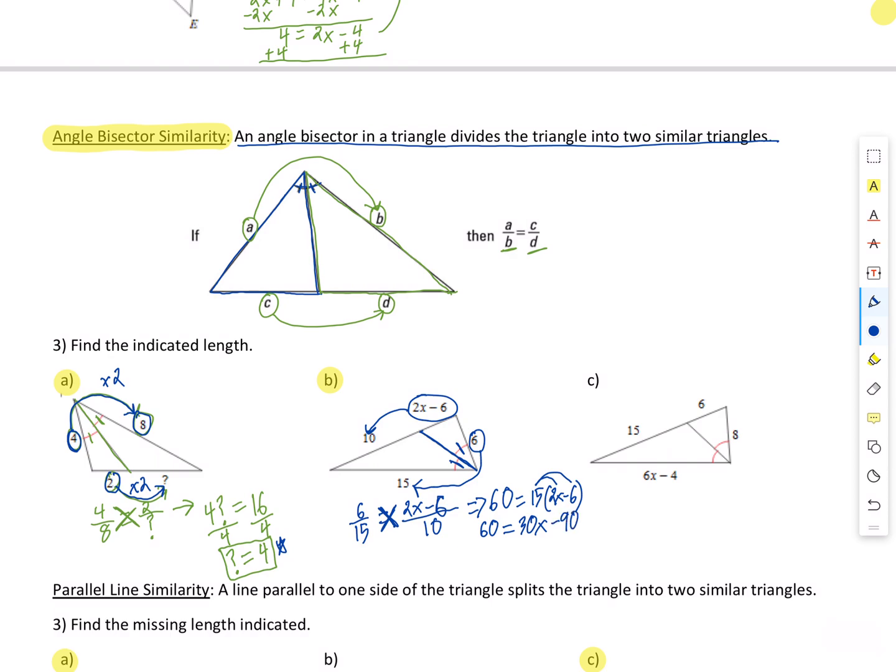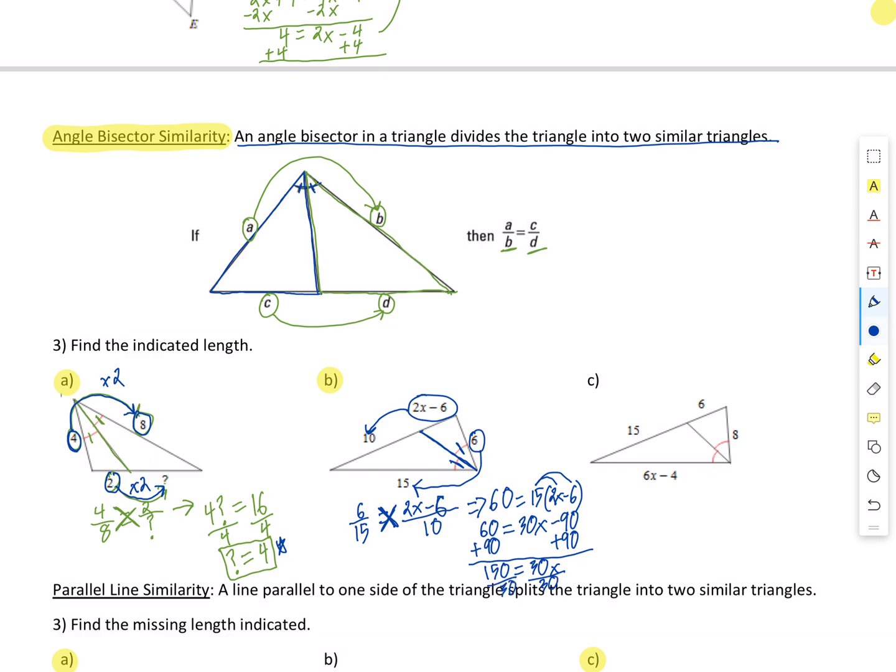So don't be scared by how big those numbers are. We'll just keep going. So if we add 90, 60 plus 90 gives us 150. That's equal to 30x. Now we need to get that x by itself, so we divide by 30, divide by 30.